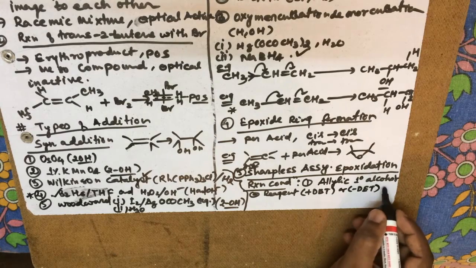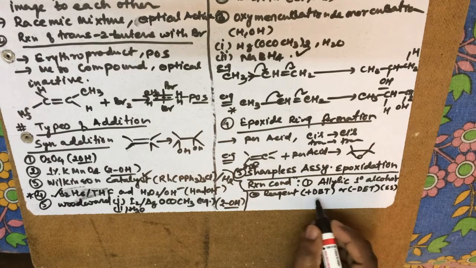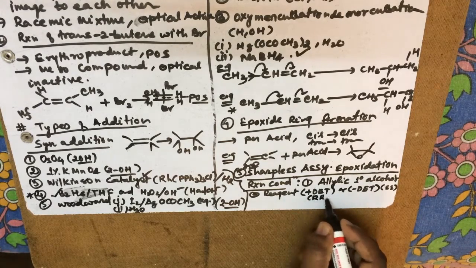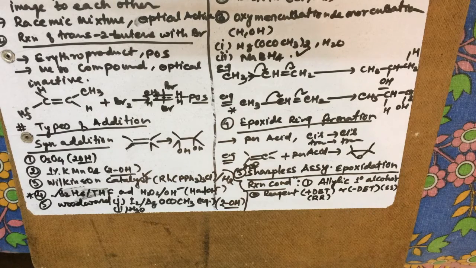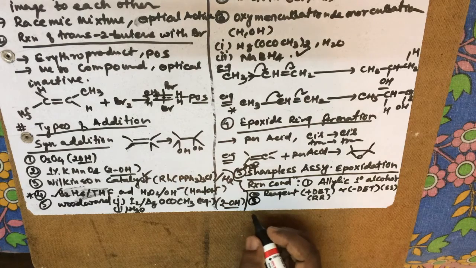Minus DET indicates SS and plus DET indicates RR. And third, DIPT.